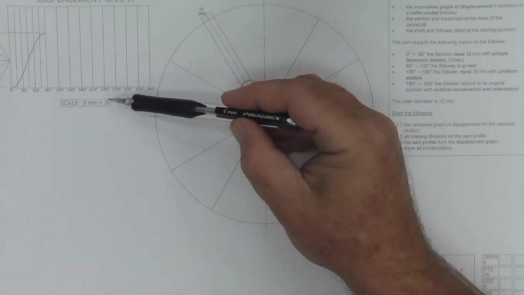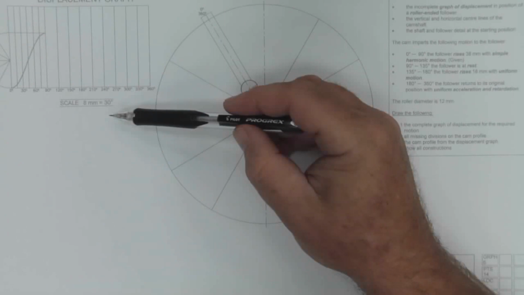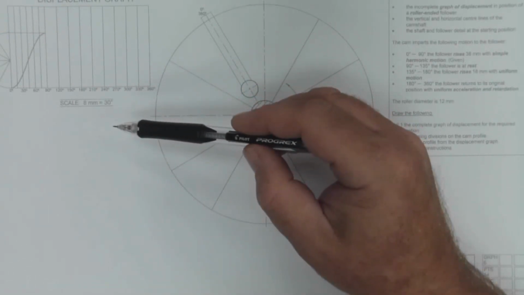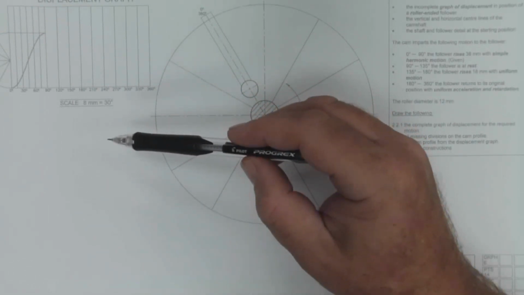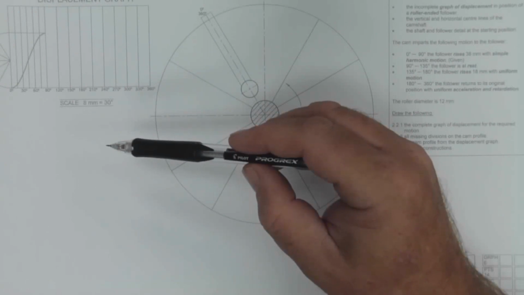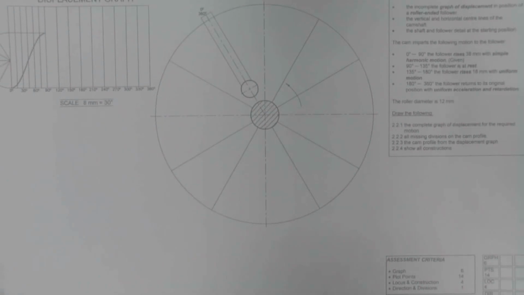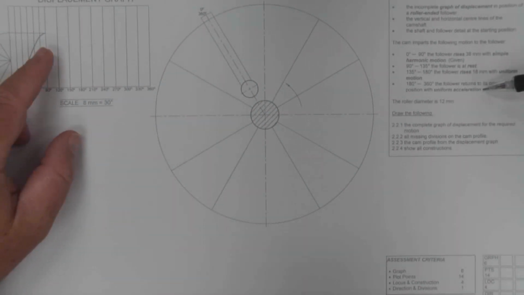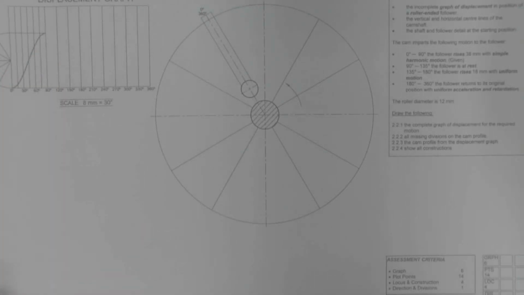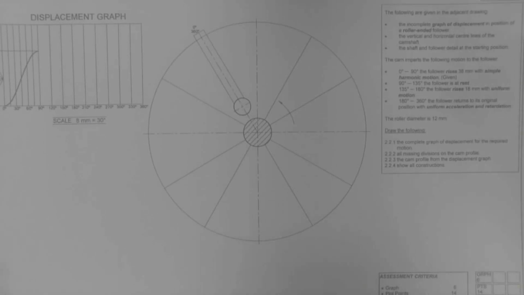The graph has been labeled and the scale's been put in. So that's what happens because it can only be for 25 marks. They have to give a lot of information, and hence I would guess that they're going to give you uniform acceleration and retardation as the motion that you're going to have to get right here.